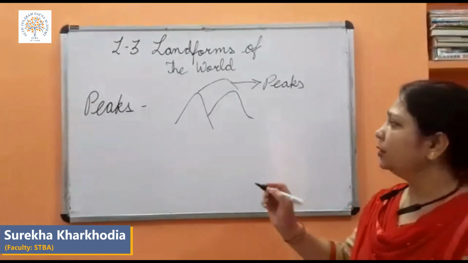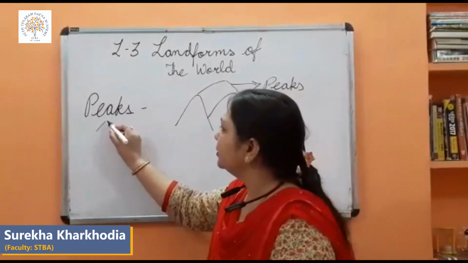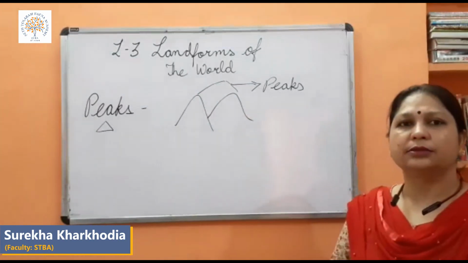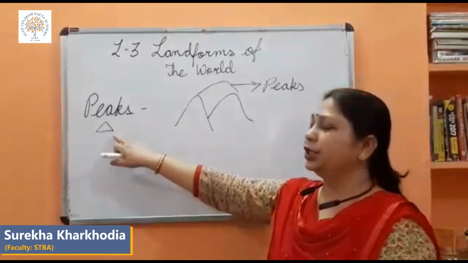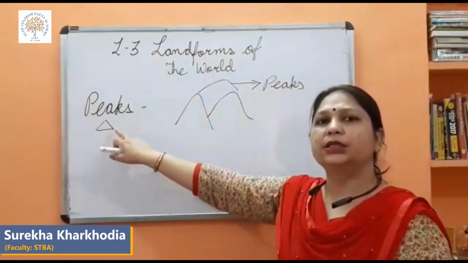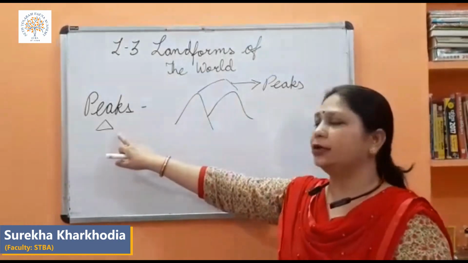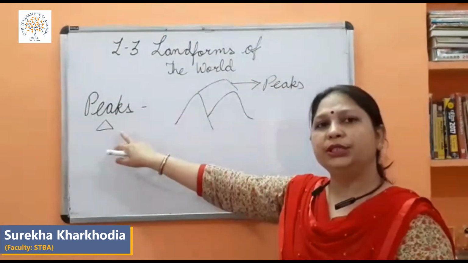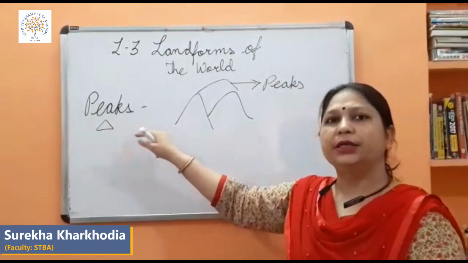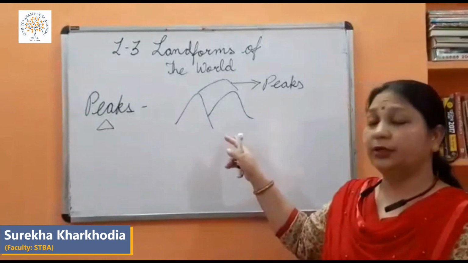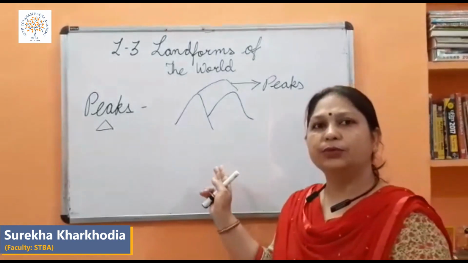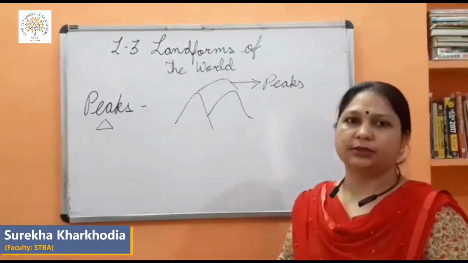signs given like this. What is it? It is a triangle. This type of shape you are going to find in the key of an atlas and on a map. With this sign, it will be easy for you to find the mountains or the high peaks of the world in a map and atlas.